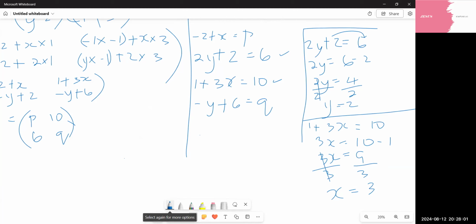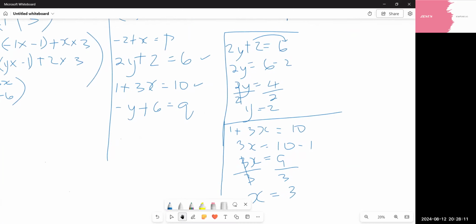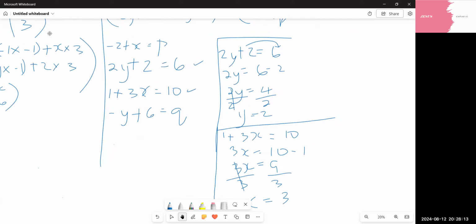So now we can look at the other two equations to get p and q.